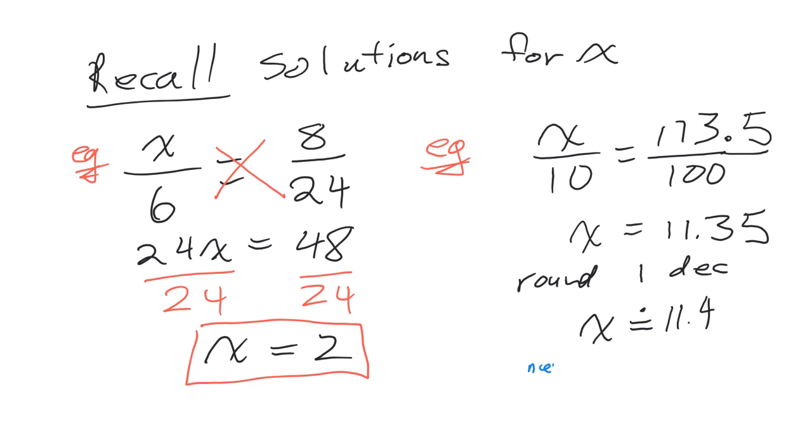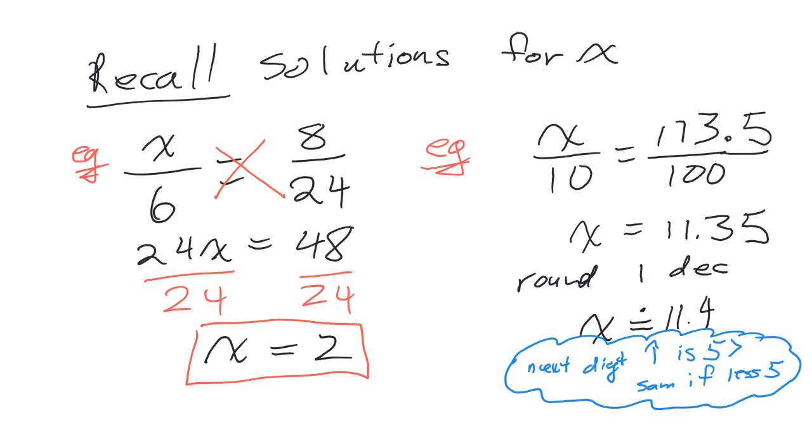For the digit to the right of what we're looking for, we round up if the number is a 5, and we stay the same if it's less than 5. So this one should be 5 or greater. Okay, so we need to be able to do rounding today.